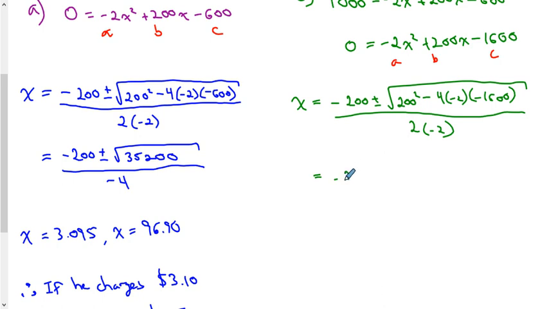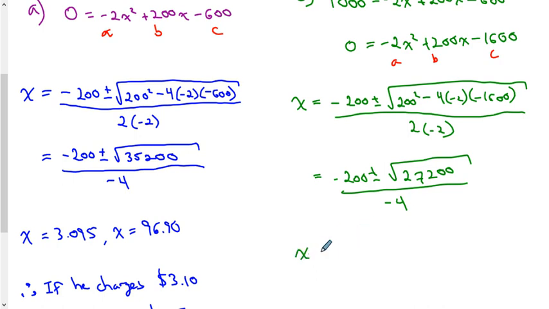Simplify that, we end up with negative 200 plus or minus the square root of 27,200 over negative 4. What are our x values? Well, our possible x values when we add and subtract, the first one's going to be 8.768, and our other one is going to be 91.23. So those are the two values he can charge per hour to end up making $1,000 in profit.